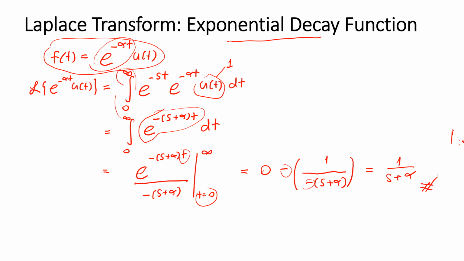For the exponential decay function with alpha, the Laplace transform equals 1 per s plus alpha in this case.